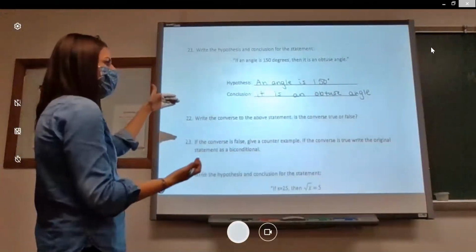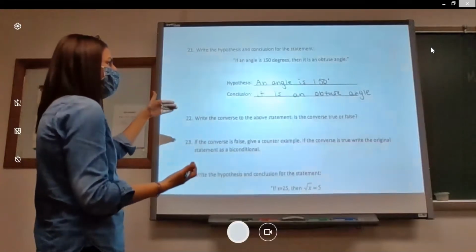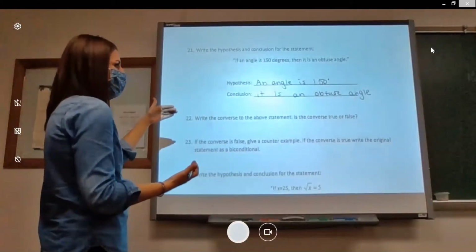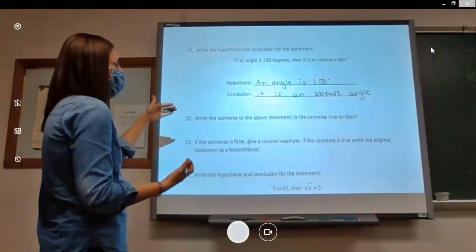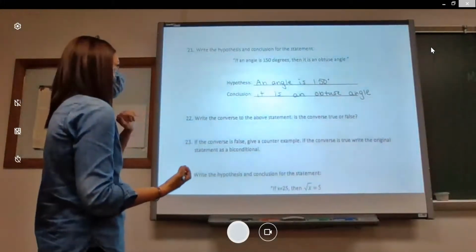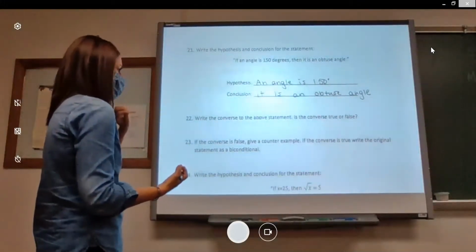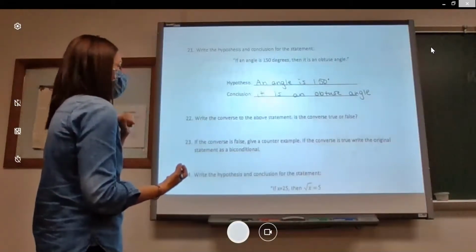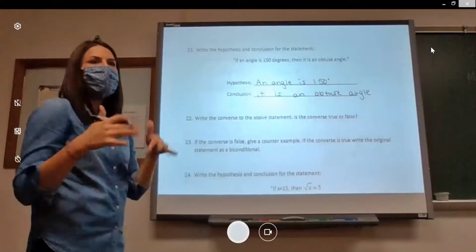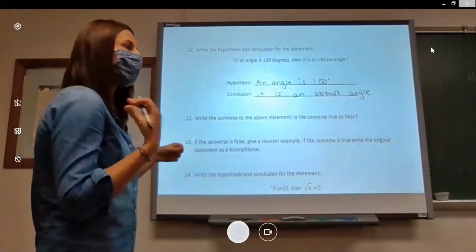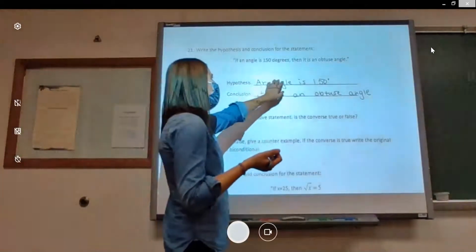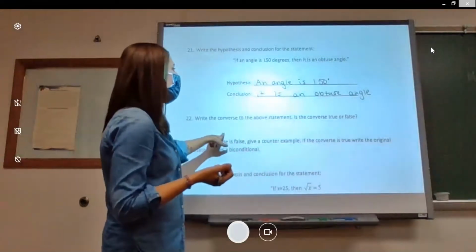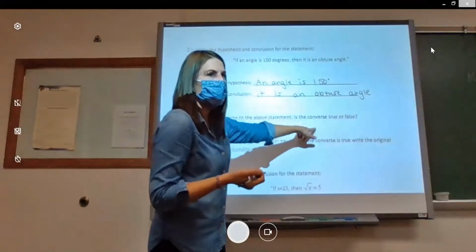The converse statement is switching the hypothesis and conclusion around. So what would the converse read as? If it is an obtuse angle, then it is 150. And sometimes you have to play with the wording a little bit for it to read a little smoother. So I'm going to move the angle piece around. I'm going to say, if an angle is an obtuse angle, then it is 150 degrees.